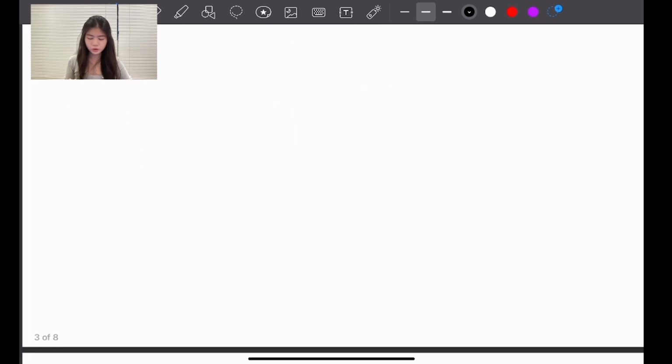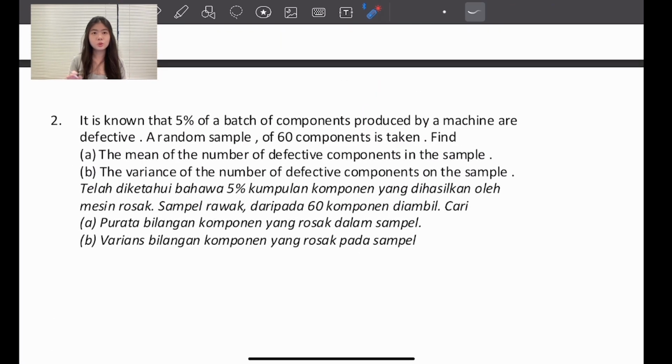Now, let's move on to the next question. What information does this question give? 5% of a batch of components produced by the machine are defective. A random sample of 60 components is taken. Here, as we can see, 5%. As we said before, percent represents the probability, right?